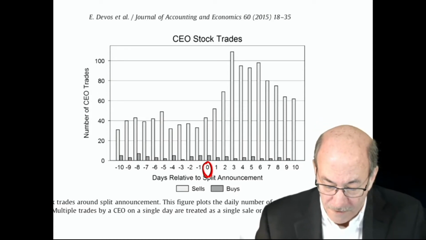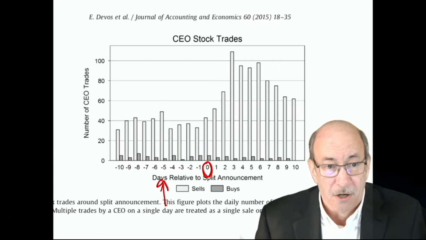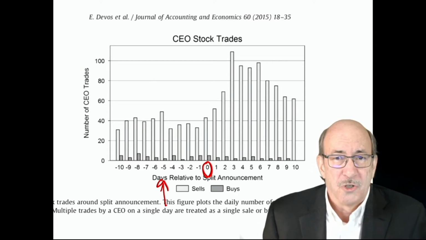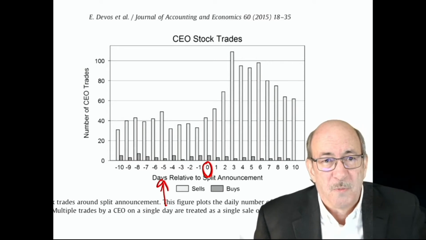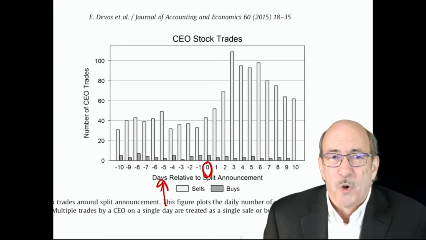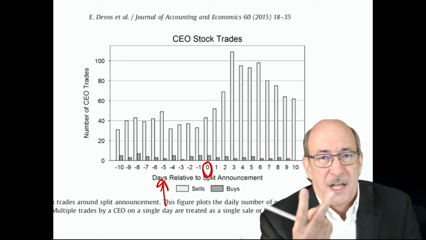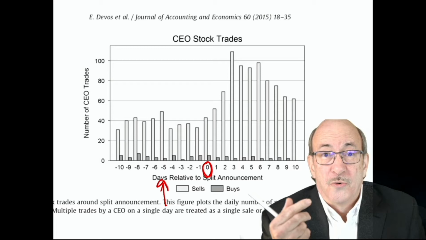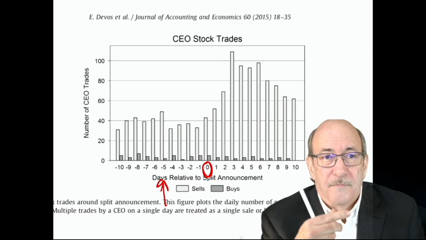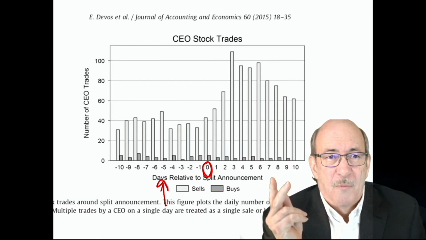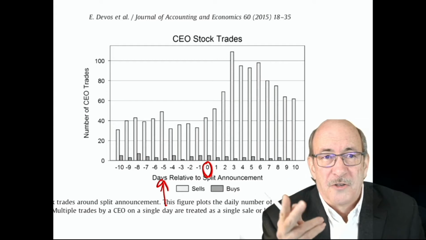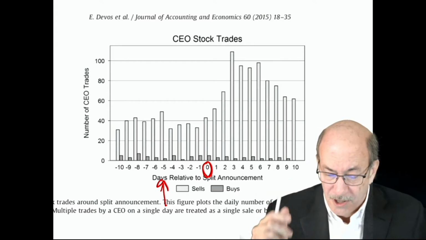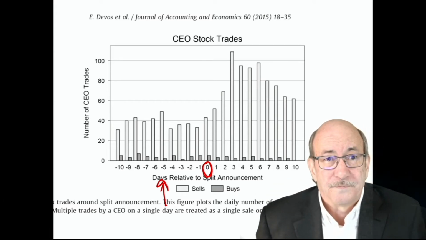So the board of directors met sometime back here, a few days ago. Usually it was 2 or 3 days prior to the announcement of the split. And the board made 2 decisions on that day. One was to actually split the company's stock. And the second was how much they were going to grant to their executives in terms of stock options.